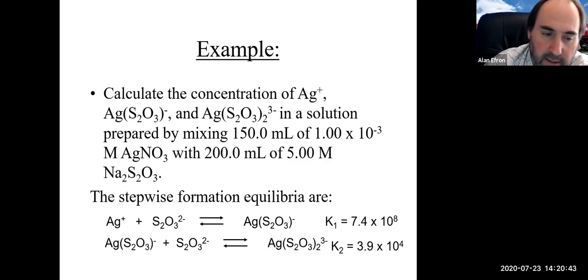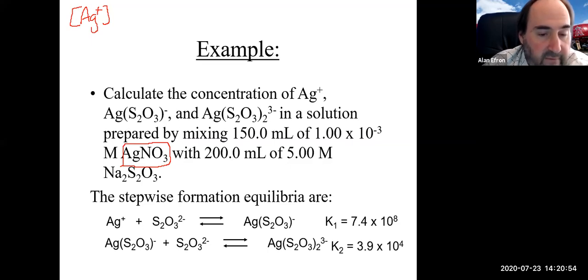So if we wanted to figure out the concentration of the silver that is present, this silver nitrate is the only source of our silver that's present. So really we could do an M1V1 equals M2V2 type calculation.